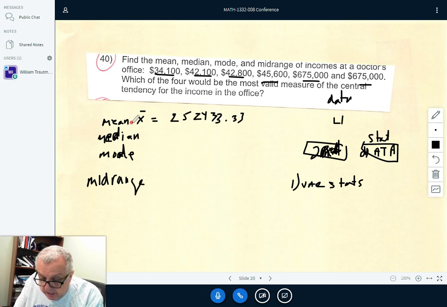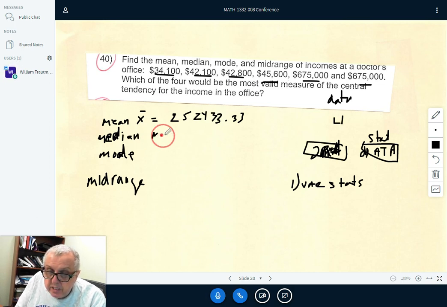The mean is 252,433.33. For the median, scroll down until you see MED, and the median is 44,200.